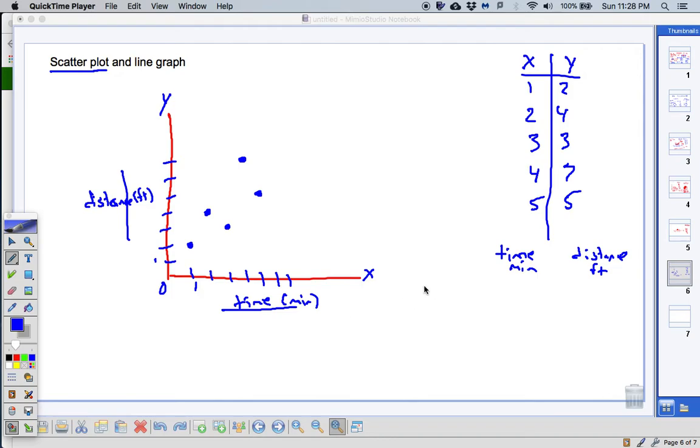Now, you should know that you can use anything. It doesn't have to be x and y. So, for instance, one of the things I've seen on the SAT before is instead of x and y, they simply use t and f. So instead of x over here, this is now t. And instead of y up here, this is now f.